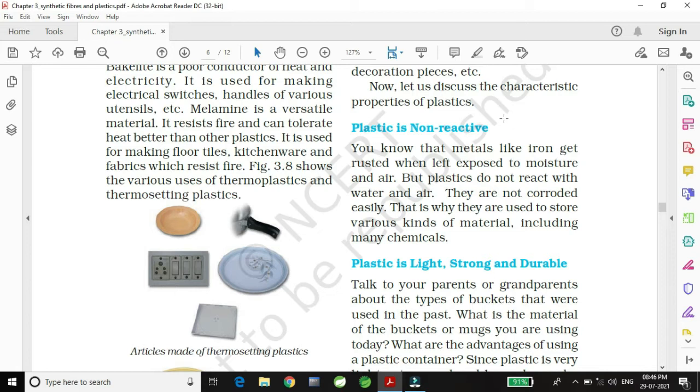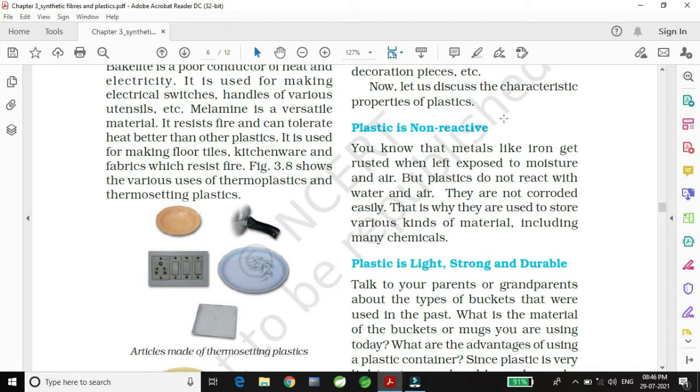You know that metals like iron get rusted when left exposed to moisture and air. But plastic does not react with water and air. It is not corroded easily. That is why it is used to store various kinds of materials, including many chemicals.